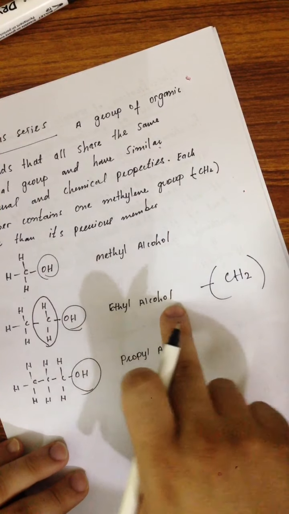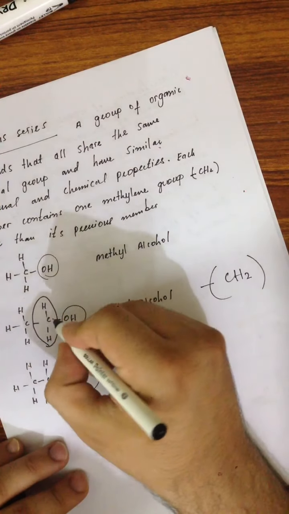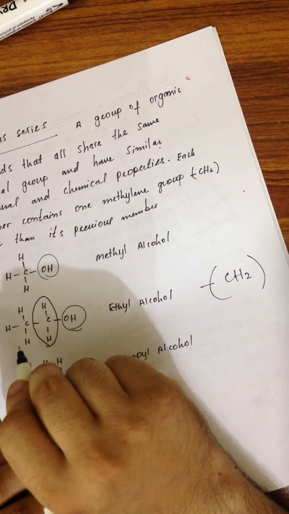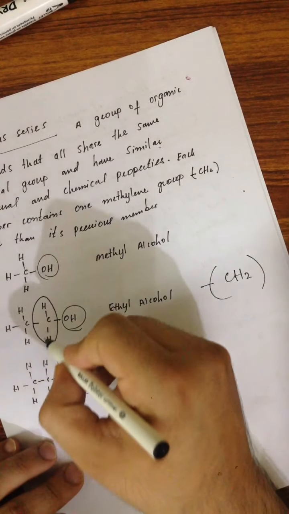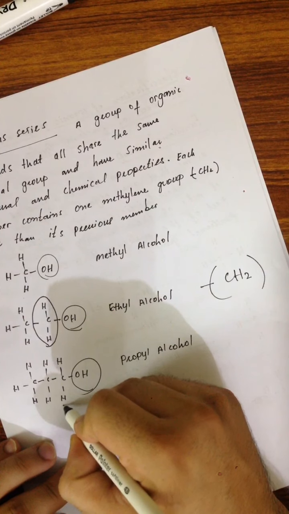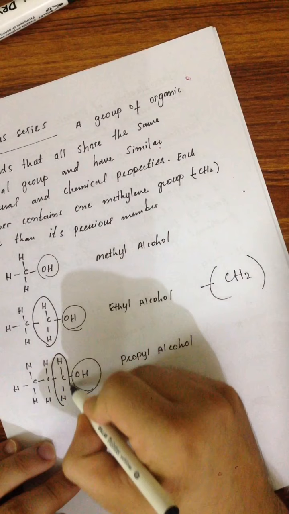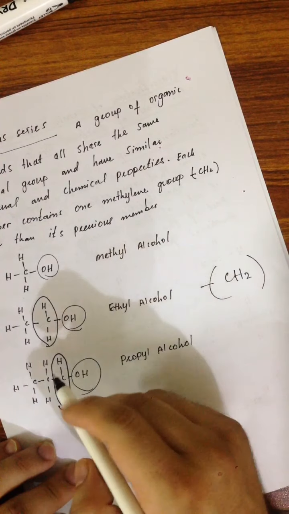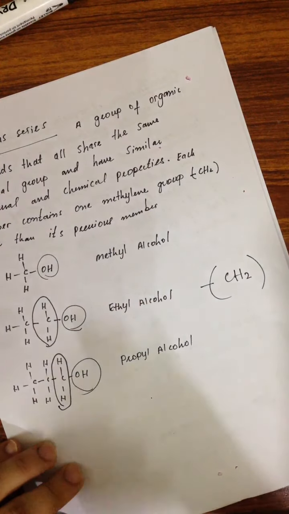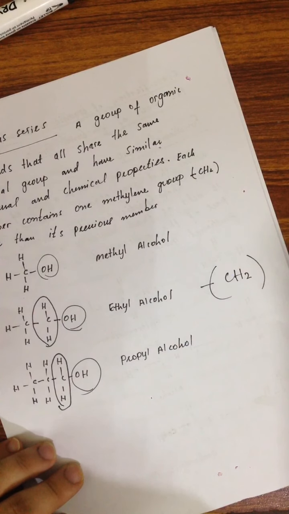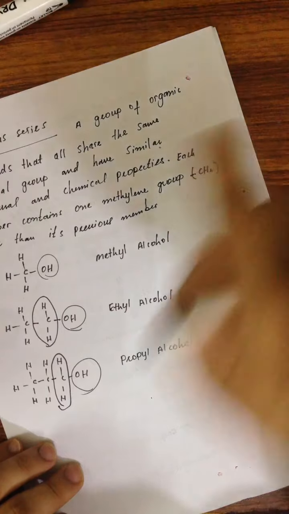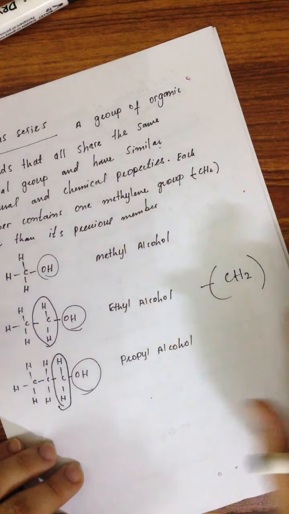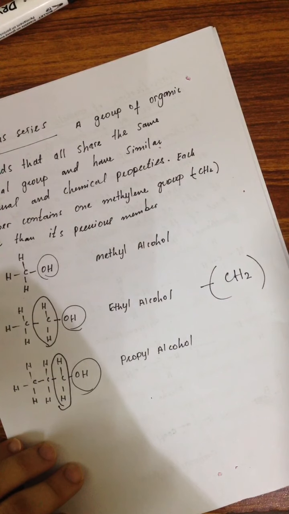But ethyl alcohol has this methylene group. In the case of propyl alcohol, it has one more methylene group, and this goes on like this. So each new member has one more methylene group, and this is how an entire series of organic compounds is created.